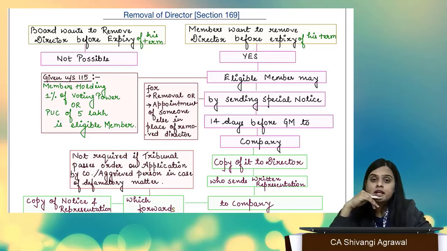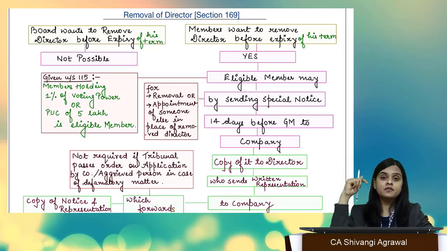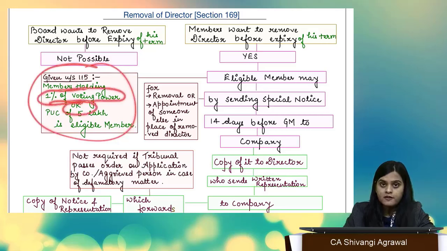But for removing the directors, you must send special notice to the company. And to send special notice, you must be eligible. How do we come to know whether we are eligible to send special notice or not? Section 115, right? So it tells us that the members who are holding at least 1% of voting power or 5 lakh paid up capital in value is an eligible member.